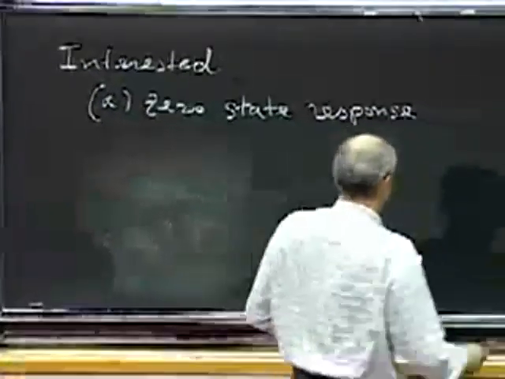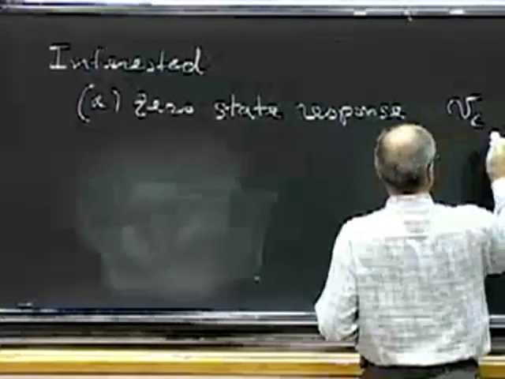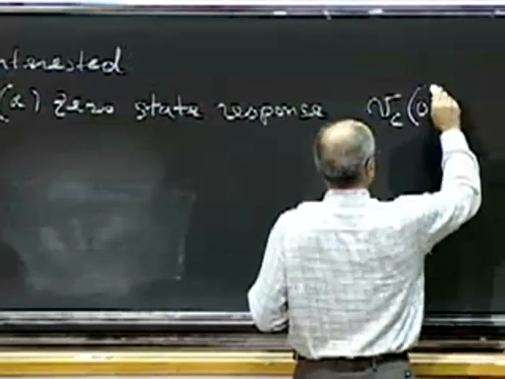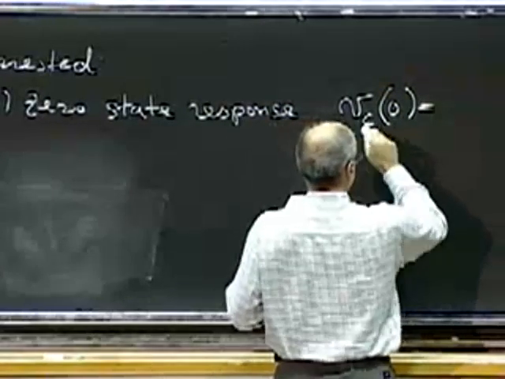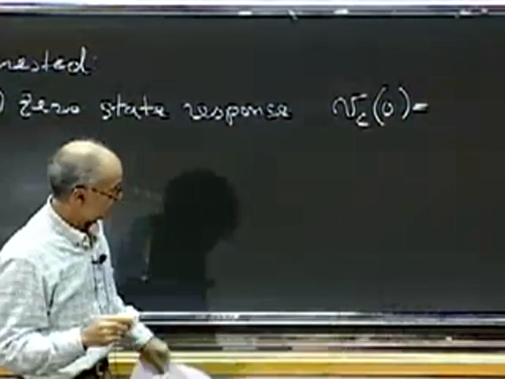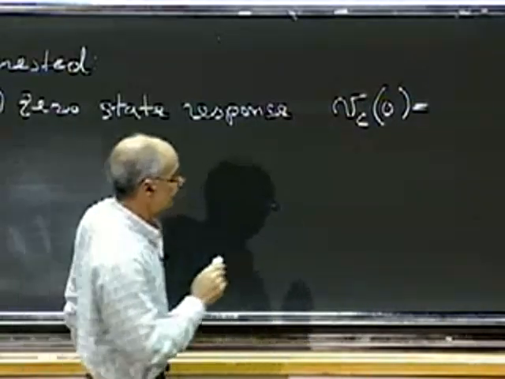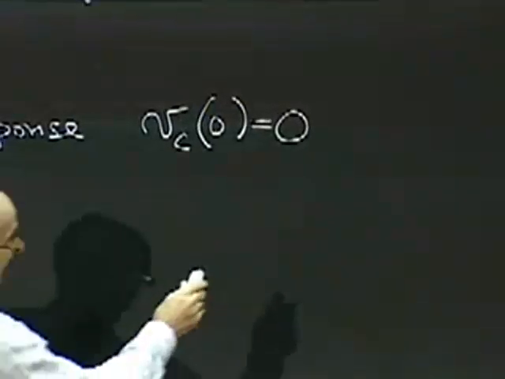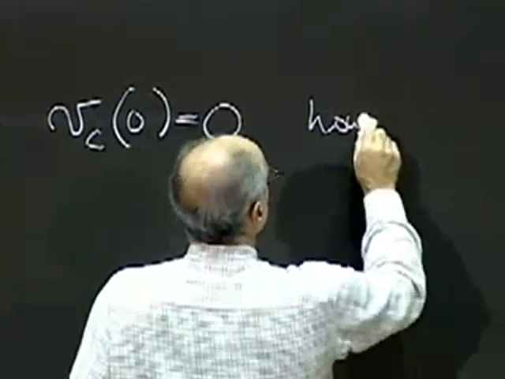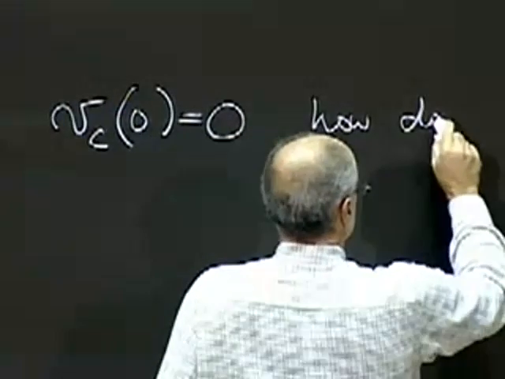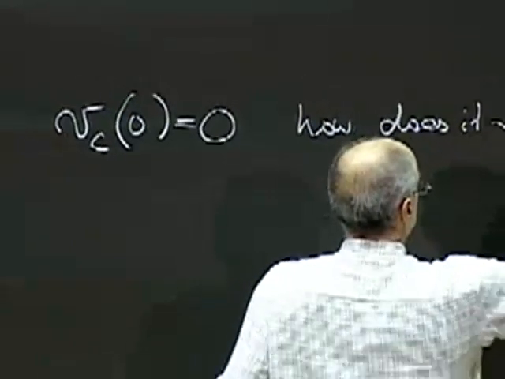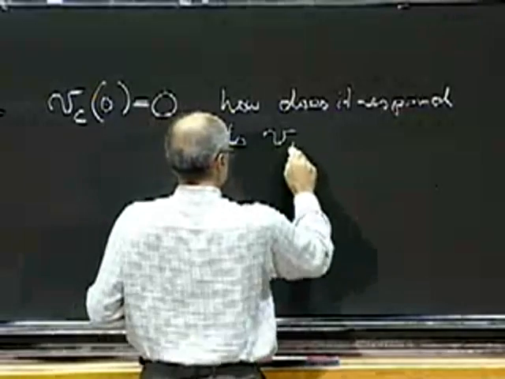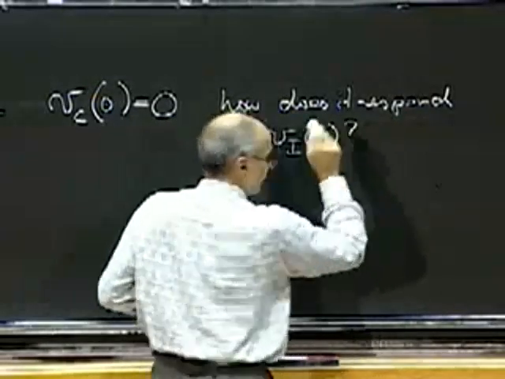It's the response to a condition in which we impose an input and also impose the condition that the initial value, the initial state on the capacitor, is 0. Okay? So then we ask, how does it respond to Vi of t?